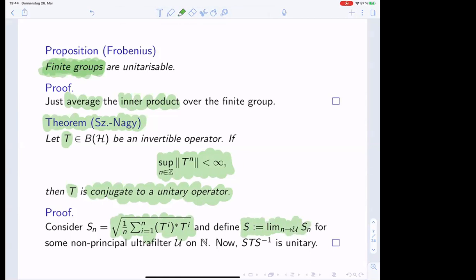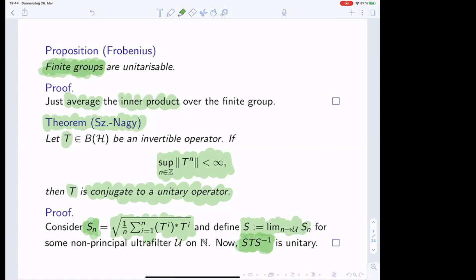You're using the uniform boundedness of the operator to see that this sequence remains bounded as a sequence of operators. So you have a weak operator topology limit. And then it's an algebraic calculation to see that this is indeed a unitary operator. So the proof is using averages.